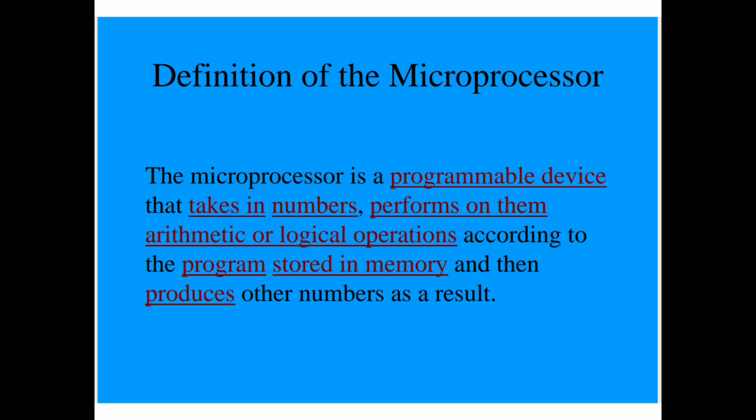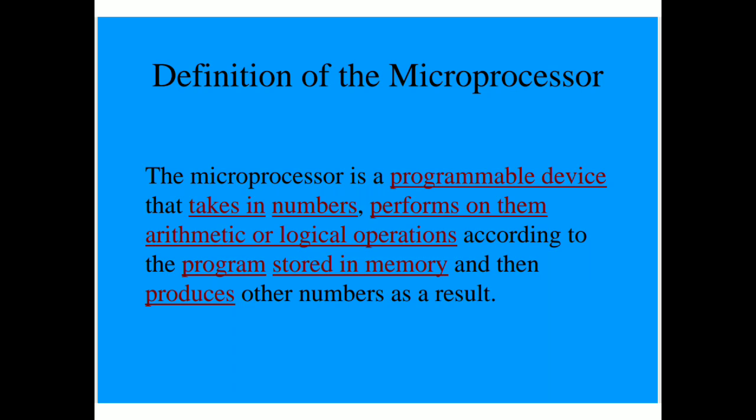So this means here the data that the microprocessor manipulates must come from somewhere. It comes from what is called input devices. These are devices that bring data into the system from the outside world. These represent devices such as keyboard, mouse, switches, etc.